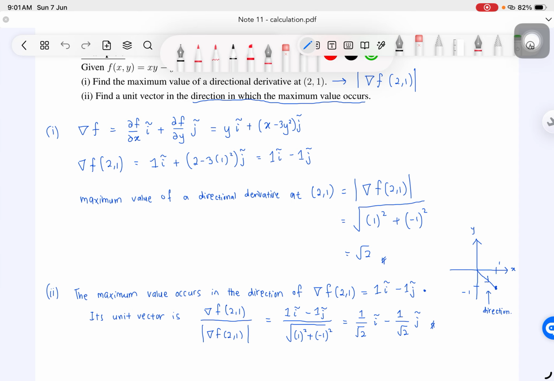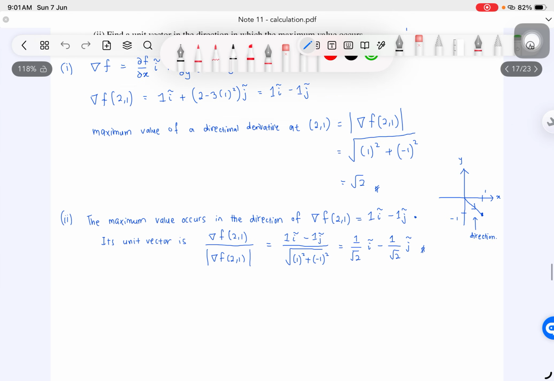To find the unit vector, we take the vector over the magnitude of this one. So we obtain 1 over root 2 i minus 1 over root 2 j. So this is the unit vector in which the maximum value occurs.